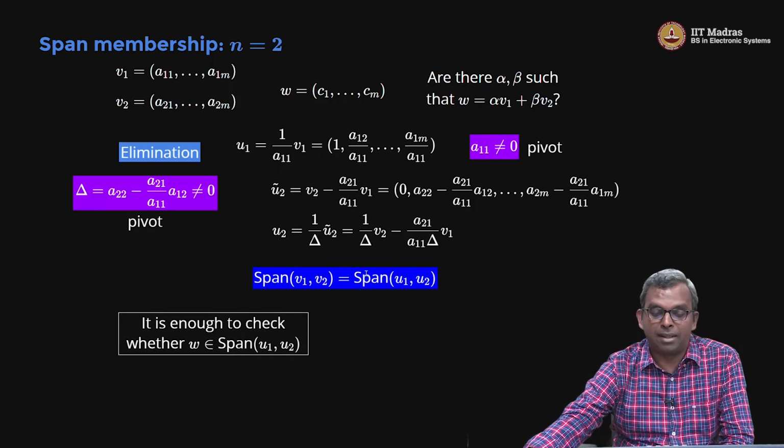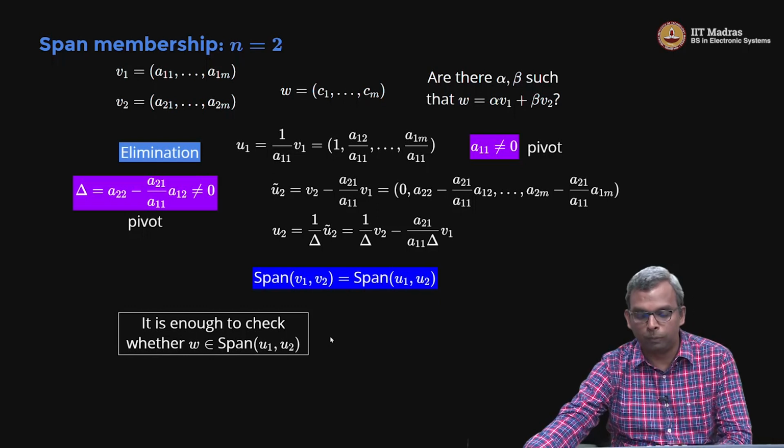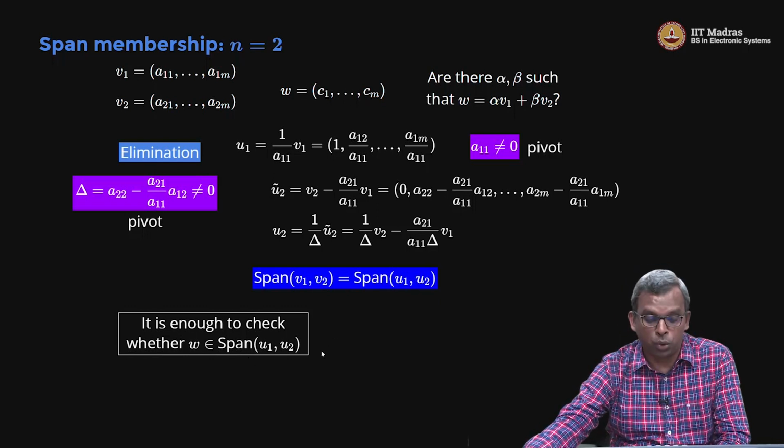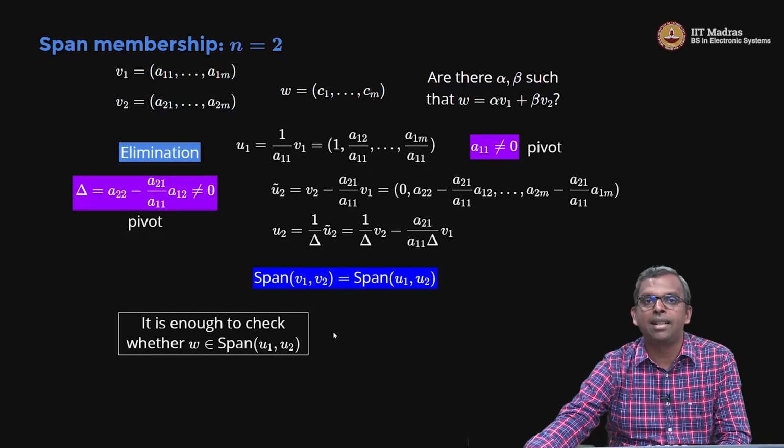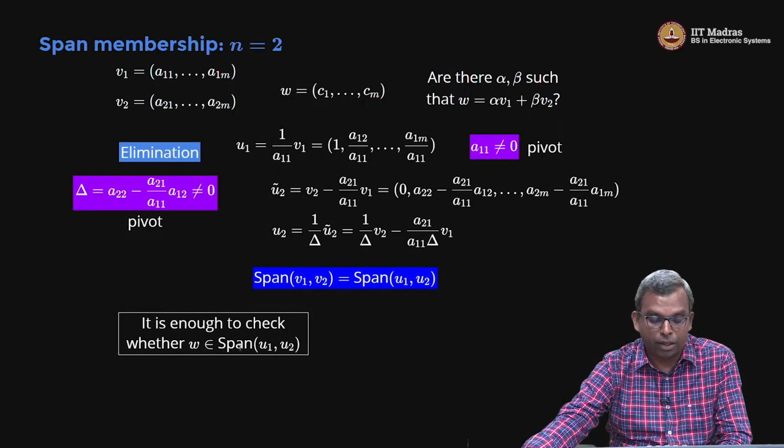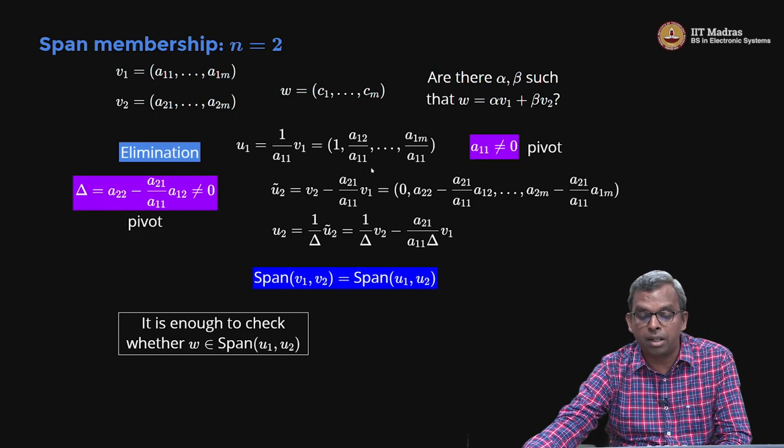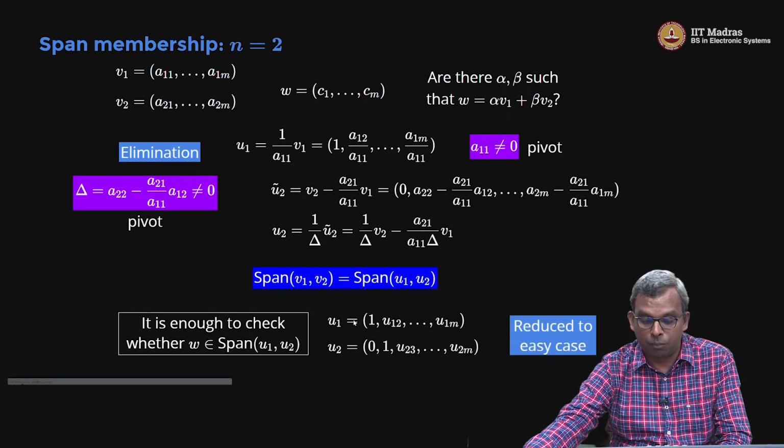So once the span is the same, to check if W belongs to the span of V1, V2, it's enough for me to check if W belongs to the span of U1, U2, and that I know how to do, right? It's a very easy case. I can easily check if W belongs to the span of U1, U2. This 1 and 0 structure is particularly easy for me to solve those equations and get the answer, okay?